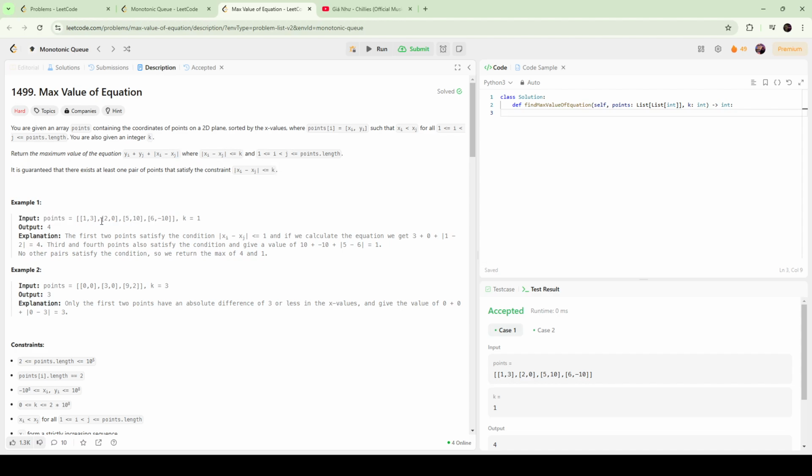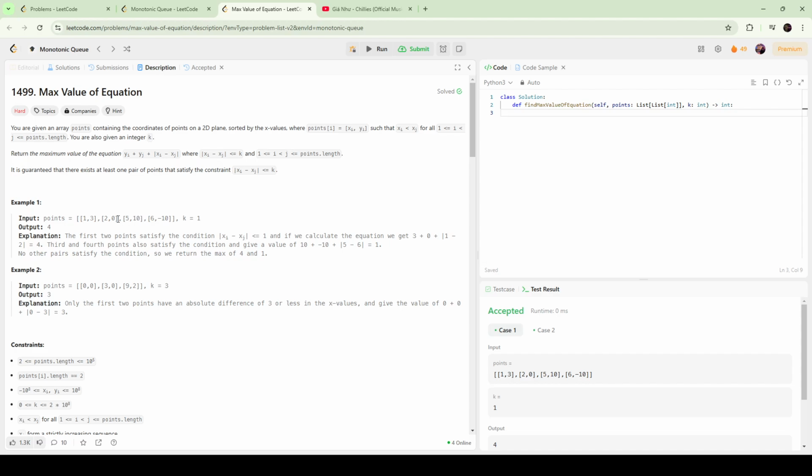For example, if we consider this as the ending point, we have to compare it to this guy and this guy. But both of these do not satisfy the constraint, since 5 minus 2 is larger than 1 and 5 minus 1 is larger than 1, so this is no longer a validated candidate.